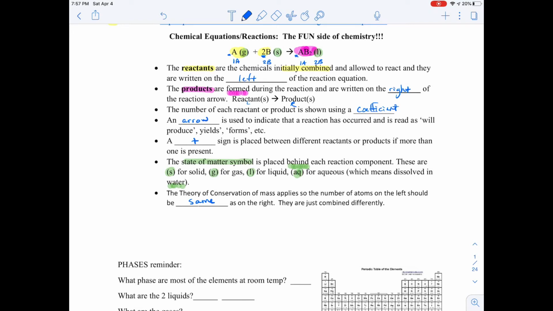So we've got the conservation of matter, and then mass is just saying that if I have one A and I know what he weighs, and I have two B's and I know what he weighs, this side of the reaction should weigh the same as this side of the reaction.